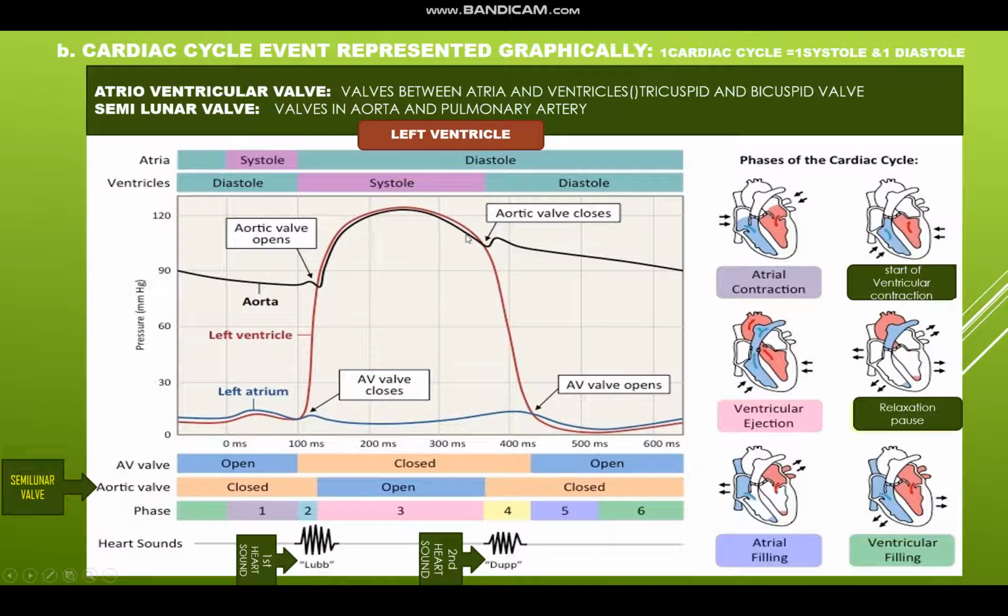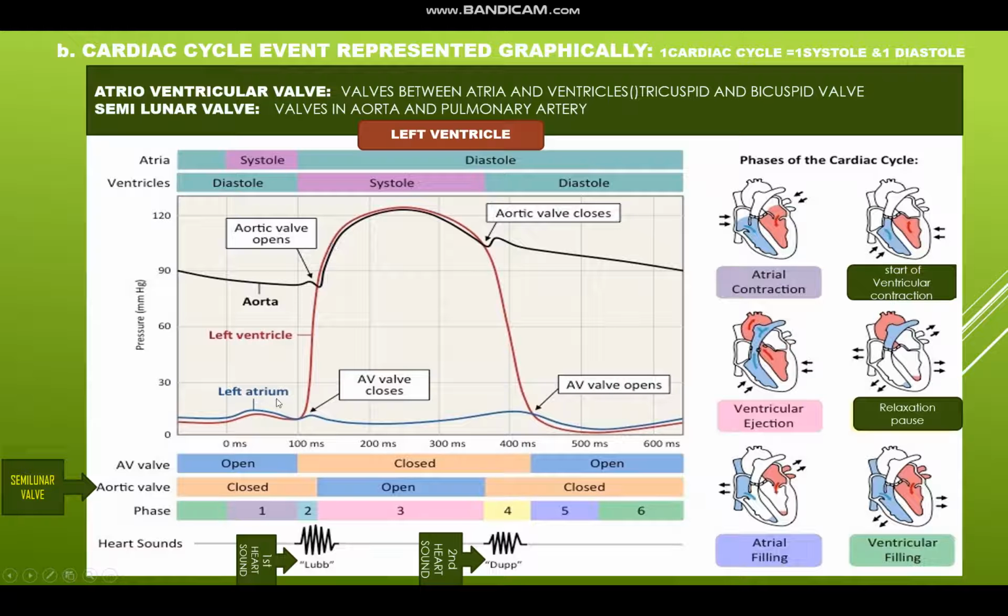Now once it is pouring its blood into the aorta, the pressure in the ventricle decreases, and you can see that the line goes down. Here this notch represents that the pressure in the aorta increases for a while and then it decreases.